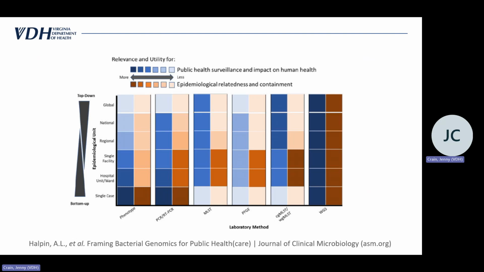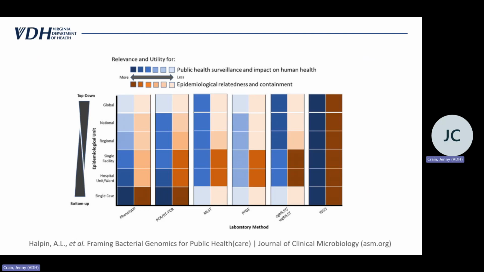And then you can see on this diagram, the x-axis also shows the laboratory method, in terms of the most useful information that is going to be most relevant to that bottom-up approach or top-down approach. But whole genome sequencing, across the board, is useful for both approaches, top-down or bottom-up.